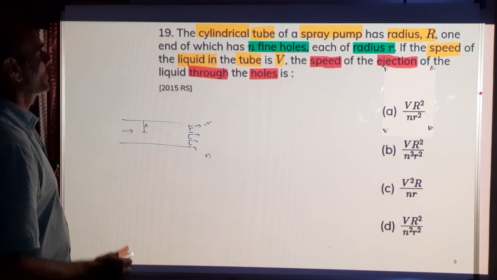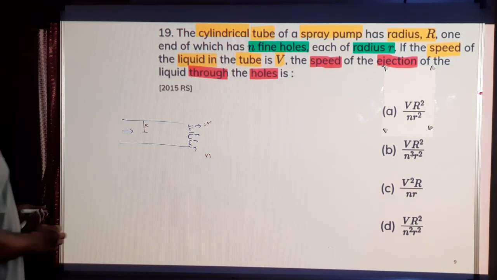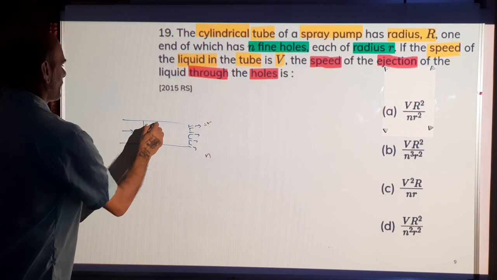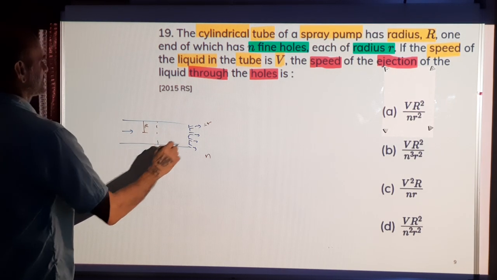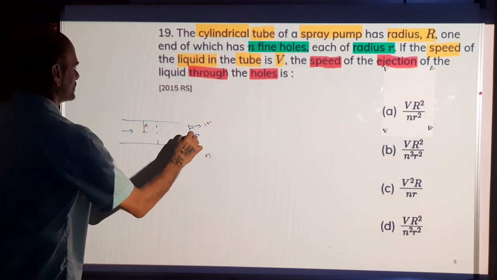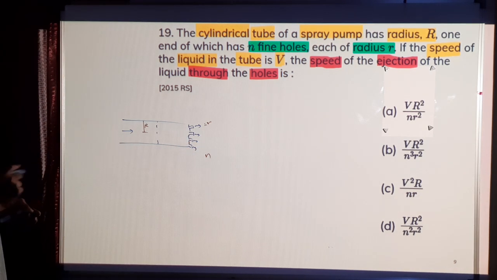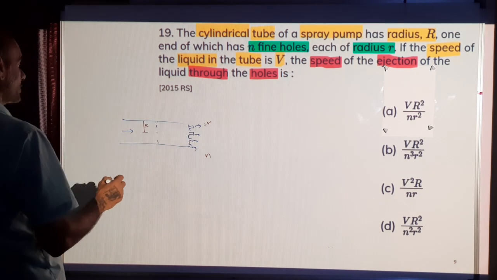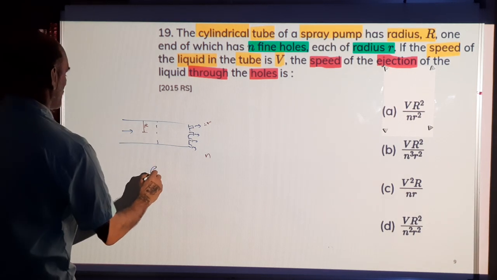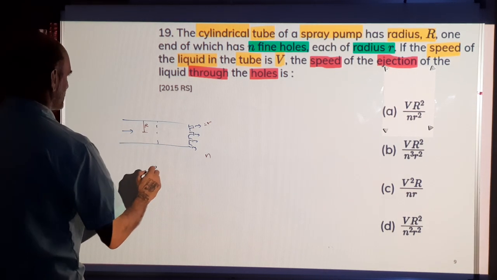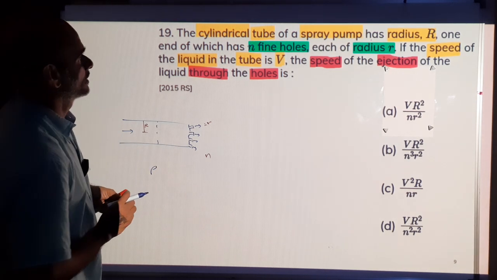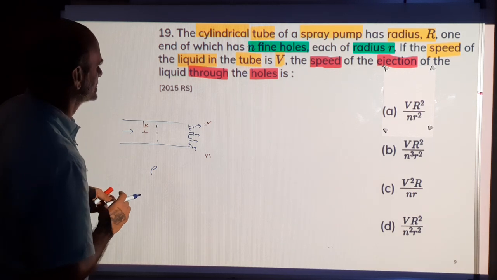So basically we can use the continuity equation. If you take a section here, the mass that's crossing this section is the same as the mass that's coming out of all these small pipes. So the mass crossing is rho A V at this point. It's incompressible, so density is the same.